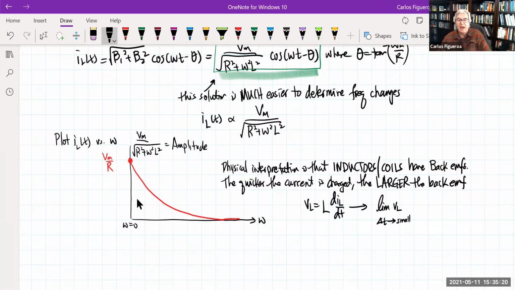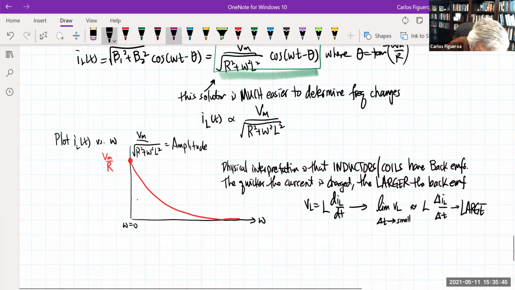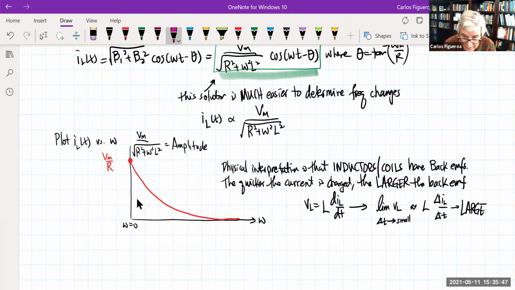Because the time is 1 over the frequency here. And what you're seeing here is that this really becomes sort of like L of di dt. The smaller I make delta t, this gets to a really large value. And so that back EMF is essentially going to kill everything in that circuit.